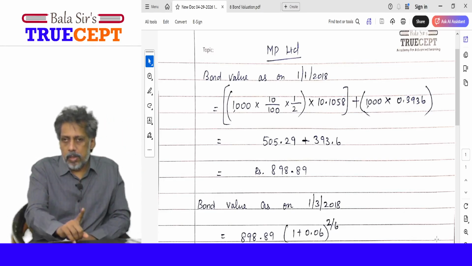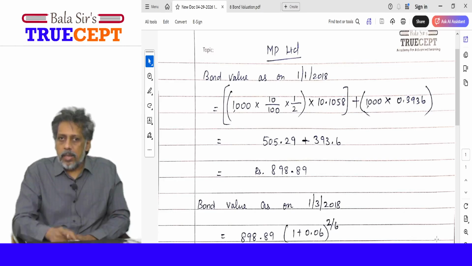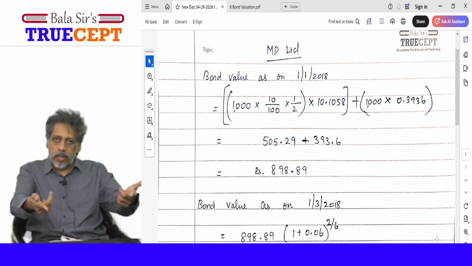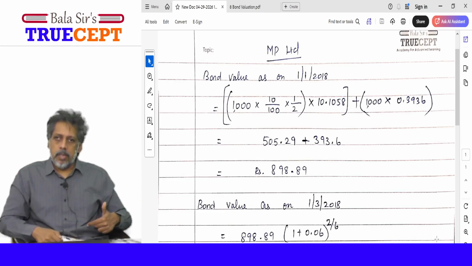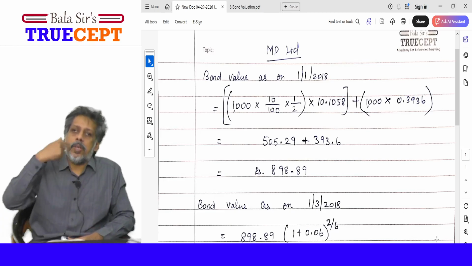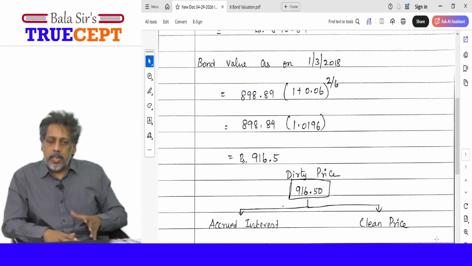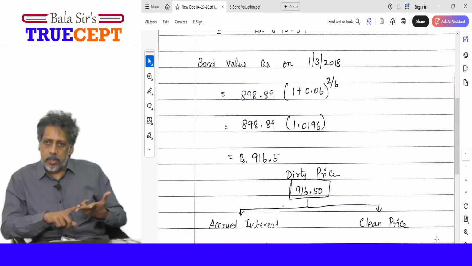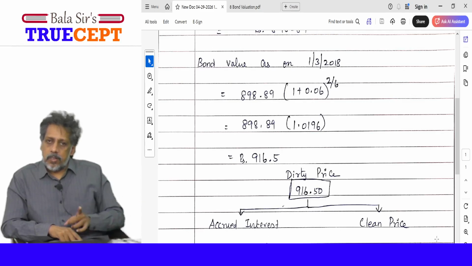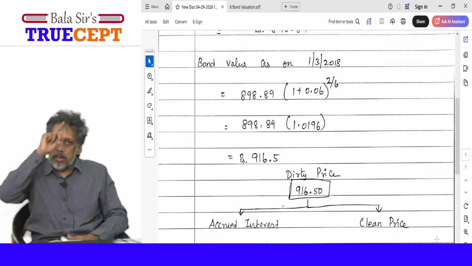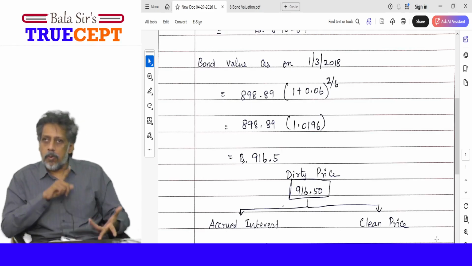But remember, you're going to buy the bond on 1st March 2018. Because we discounted everything, now you have to compound it by 2 months. So for that, what do you do? Take 898 point something, you can see that on the screen, that into 1 plus the R, the rate is 6% for 6 months, to the power, I want for 2 months, right?